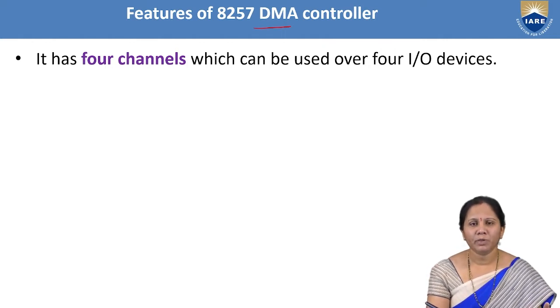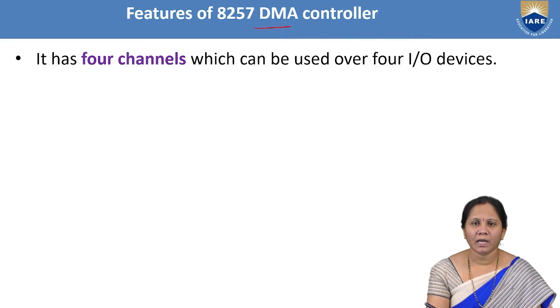To isolate the CPU, we use a hardware unit called the DMA controller. If the DMA controller is involved during data transfer between IO devices and main memory, the CPU will get isolated and the data transfer can be performed between IO devices and memory directly. So this is the need for using the DMA controller.